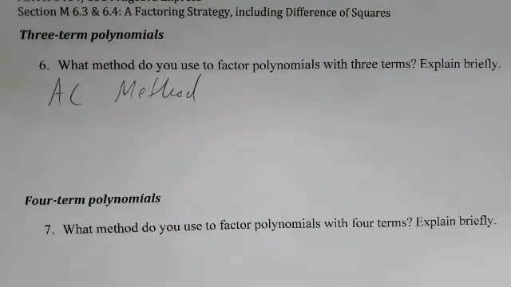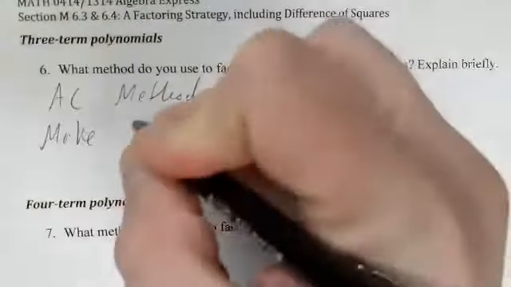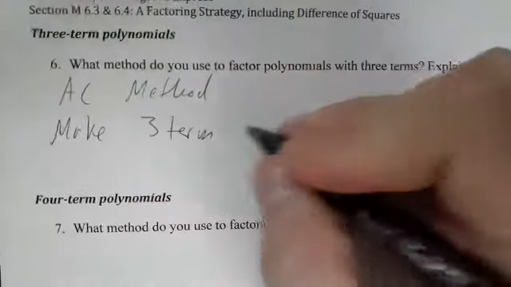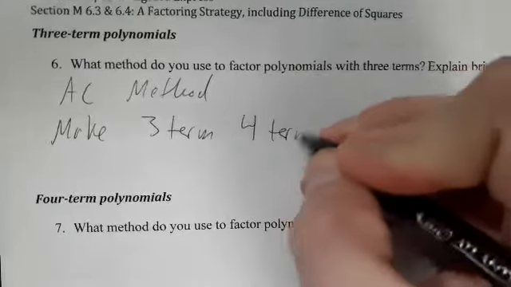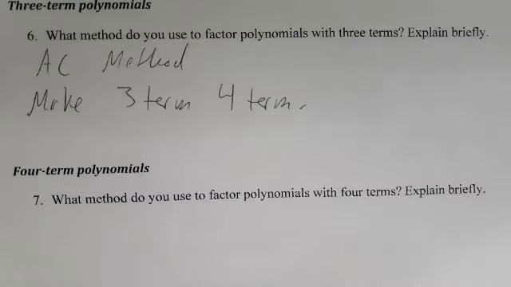The AC method basically is you take that middle B term and you split it up into 2 terms. And ta-da, you have 4 terms. You make a 3-term into 4 terms.